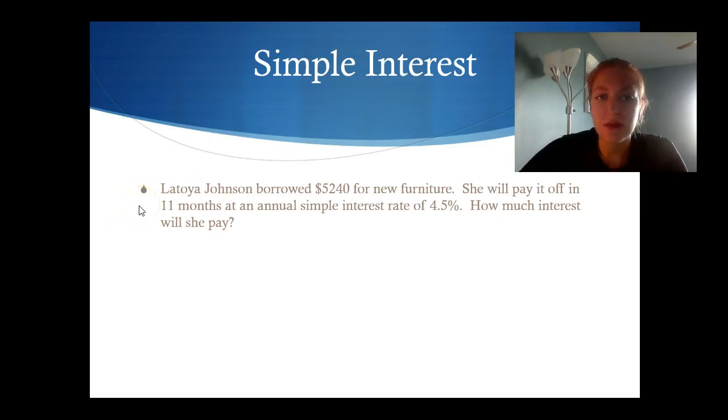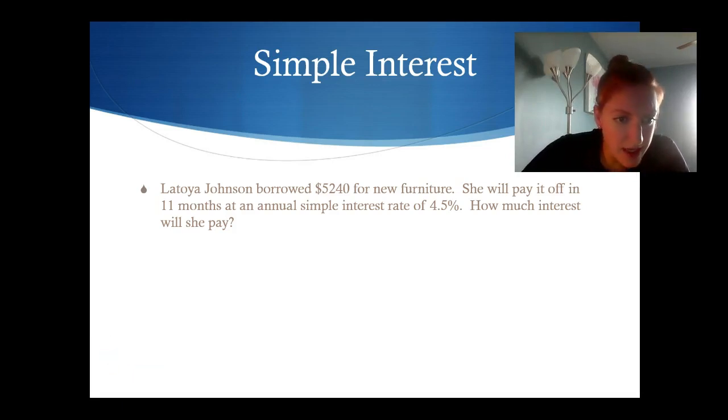So Latoya Johnson borrowed $5,240 for new furniture. She will pay it off in 11 months at an annual simple interest rate of 4.5%. How much interest will she pay? So for this problem, since it says simple interest, we know we have to use the simple interest formula.